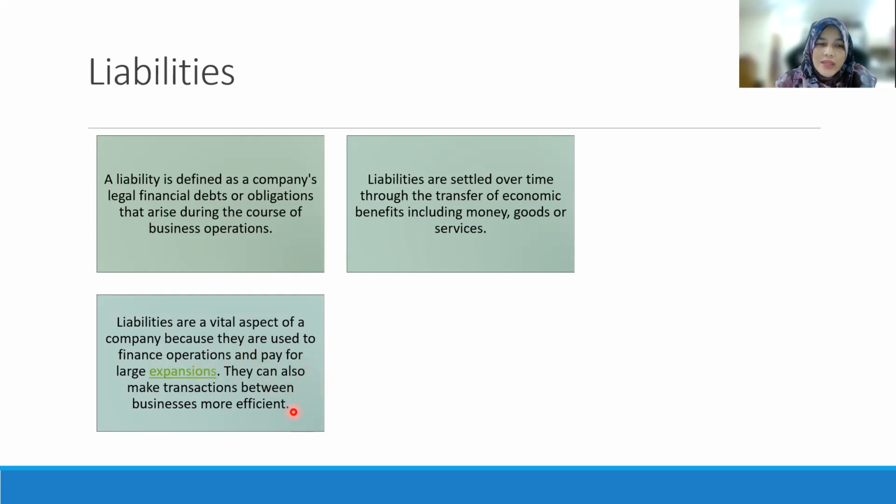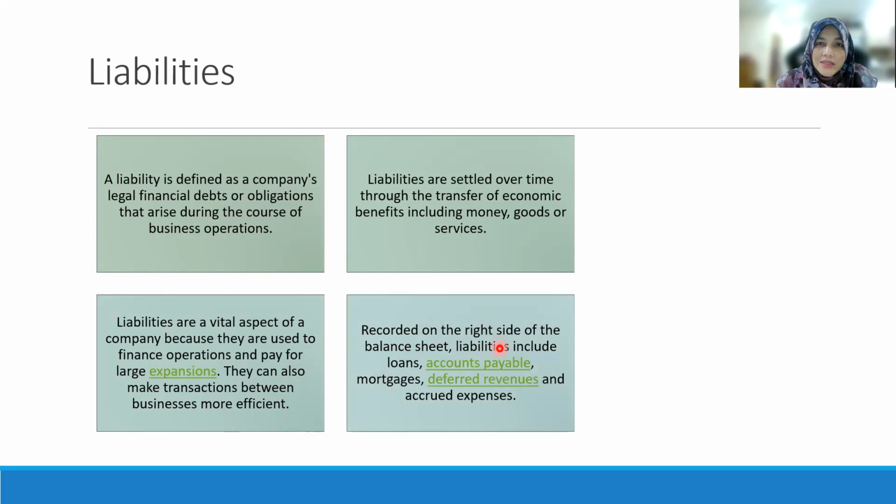They can also make transactions between businesses more efficient, because if we have to rely on cash, then of course the business will have a hiccup. Hiccup means it will not be smooth because sometimes we have to wait for the cash to be available, then only we can buy things. So that's why credit terms are important in business. It will make sure that the business is smooth and efficient.